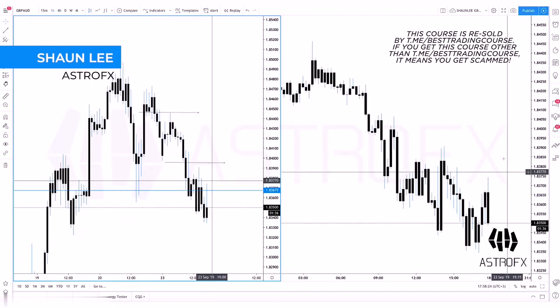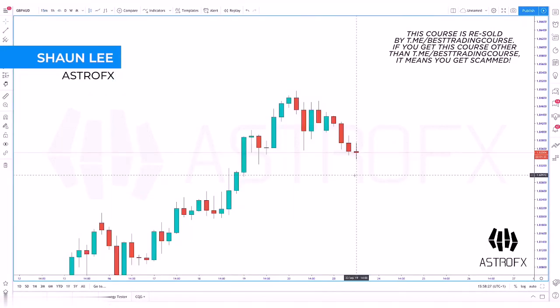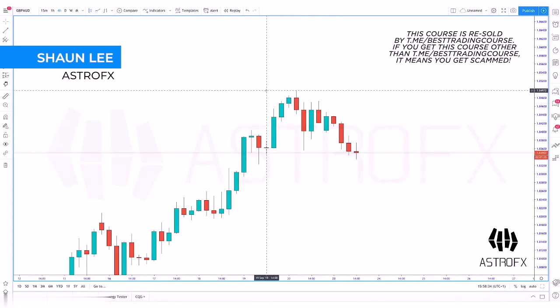if I compare my current chart at the minute. If we look at the price action recently, we had the full pullback from exactly 1.8497, nearly the round number, psychological level 85. We had the pullback.